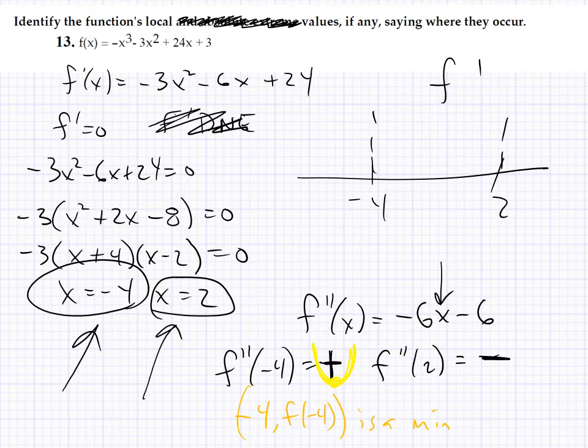And here this is telling me I'm concave down. Well, if I'm concave down, I have a maximum. So this tells me that 2 comma f of 2 is a max. And when I say max or min, I'm talking about relative. Relative max, relative min. Absolute is a little bit different. We didn't really get into that this semester, so we're going to ignore that part of the question.